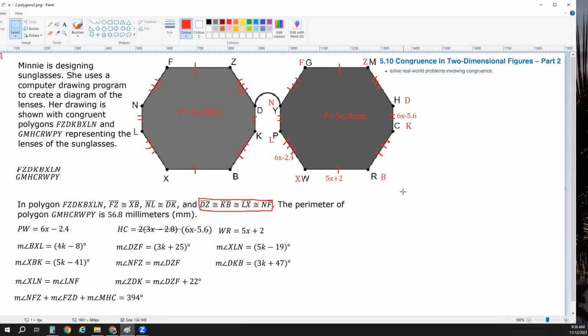Okay, so you can see that I have 3 notches. How many of these 3 notches do I have? I have 1, 2, 3, 4 of those. Okay, so I can say that I have four of the 6x minus 2.4.